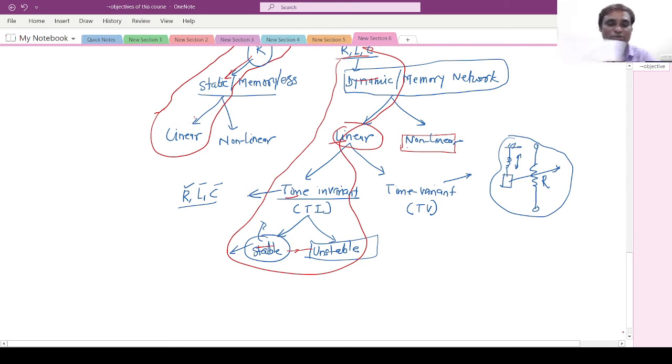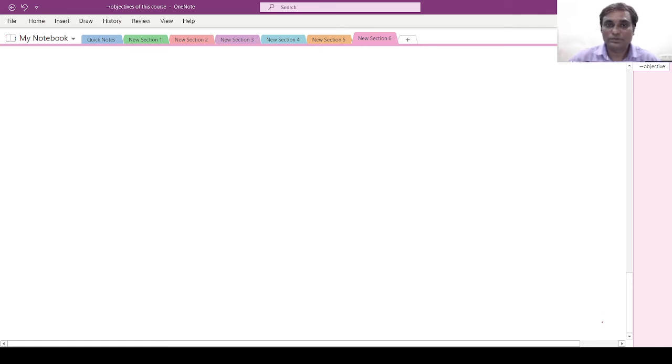Okay, so with this, once we have decided the circuit is linear and time invariant, then we know the tools to do the analysis, that is time domain analysis or frequency domain analysis.